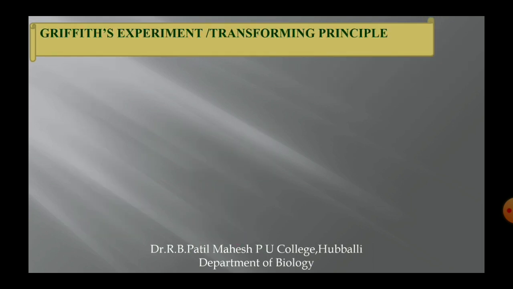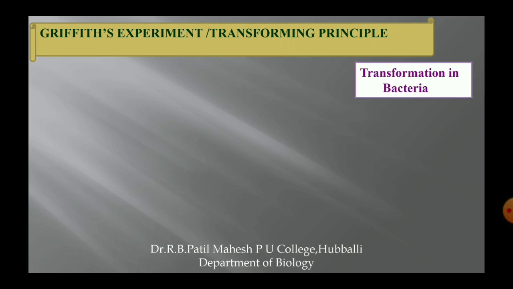Let us start with the first one, Griffith experiment or transforming principle. In the year 1928, Frederick Griffith conducted a series of experiments on Streptococcus pneumoniae, because he was working on developing vaccines against pneumonia.